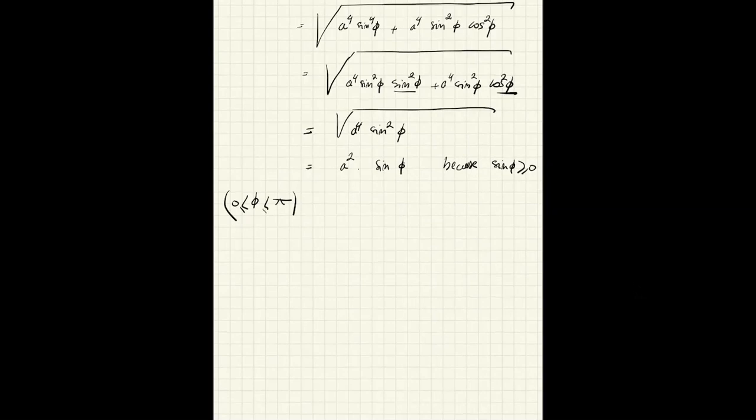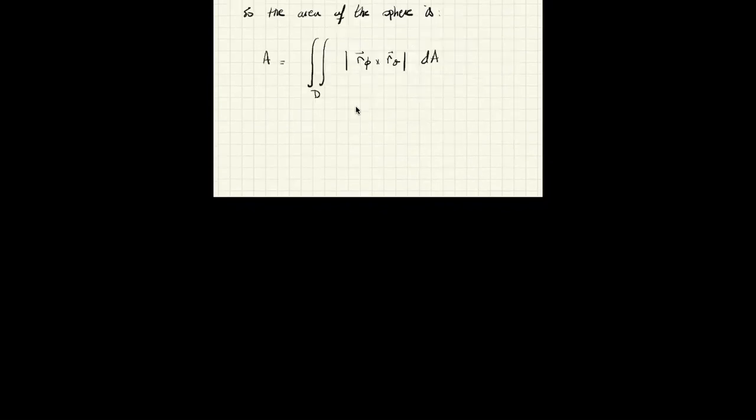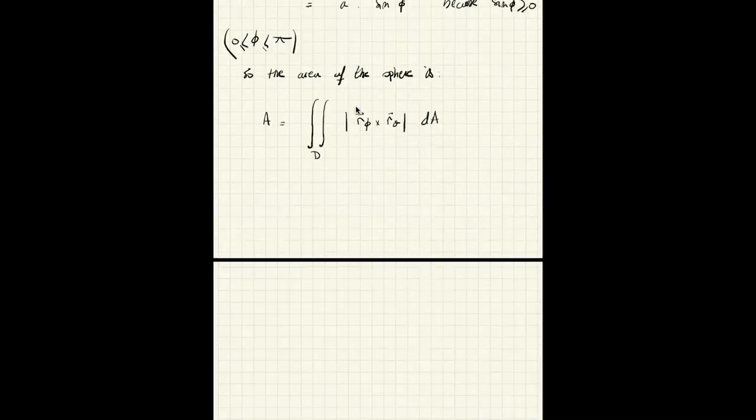Okay, so this quantity here is simple. So the area of the sphere is the integral over the domain, where phi and theta are allowed to vary.